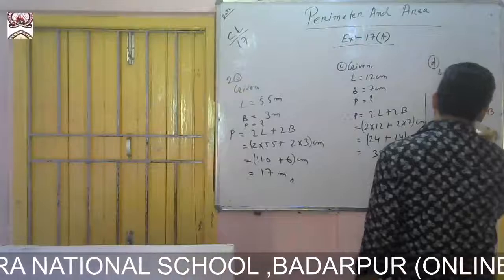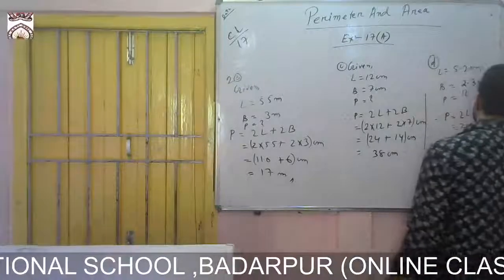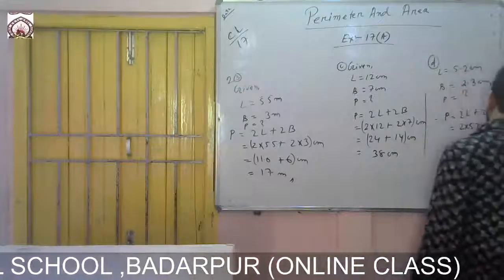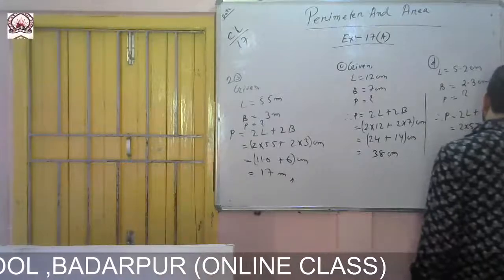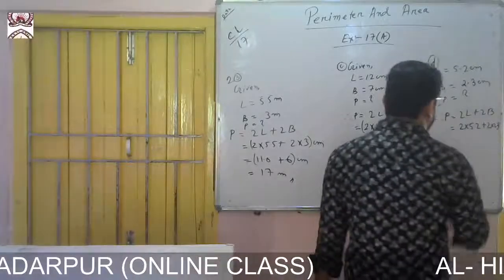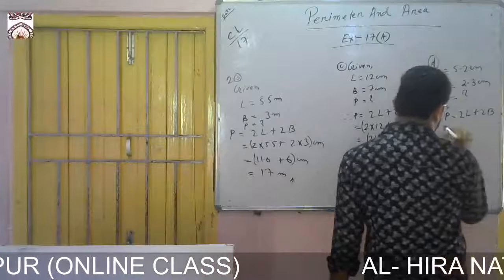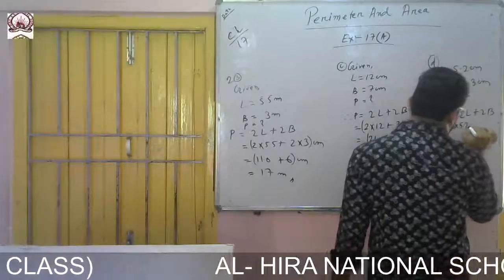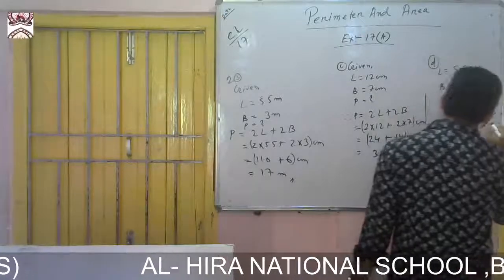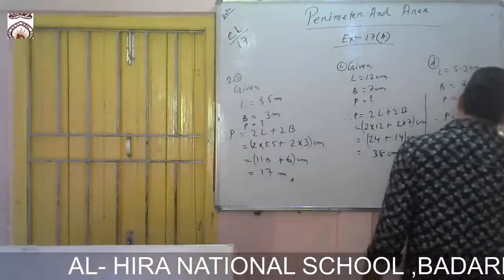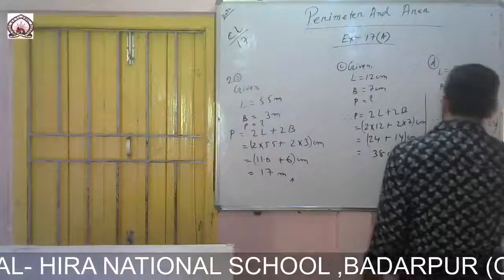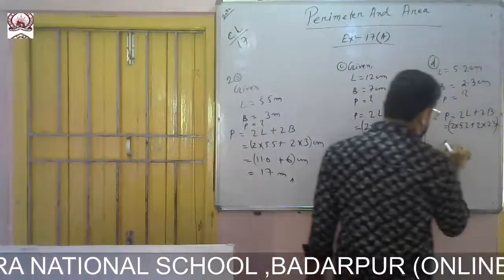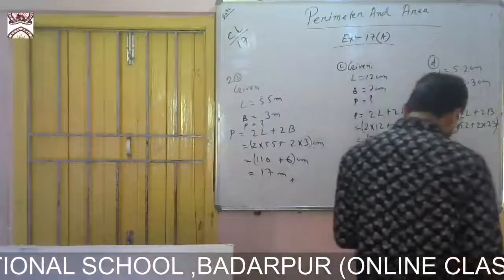So 2 into 5.2 plus 2 into 2.3. You write a bit small. Here centimeter. Okay.